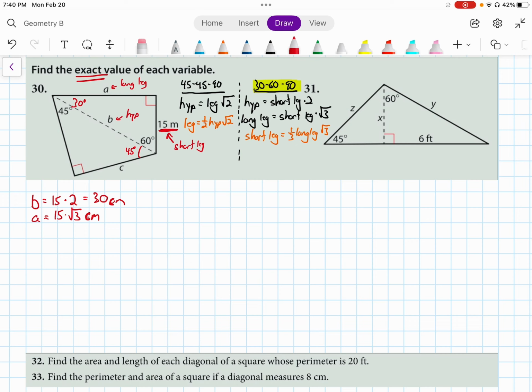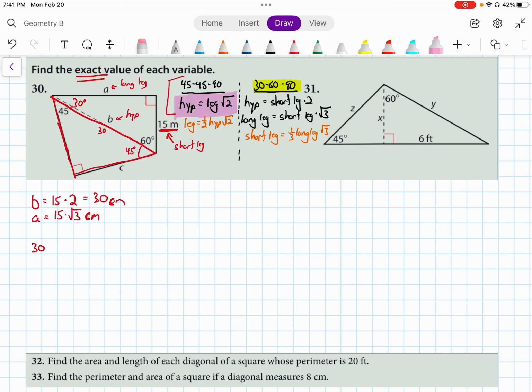So now I'm going to write b in here. B is 30, because now that we have b, we have the hypotenuse of the 45, 45, 90. So now we can use this pink highlighted formula.